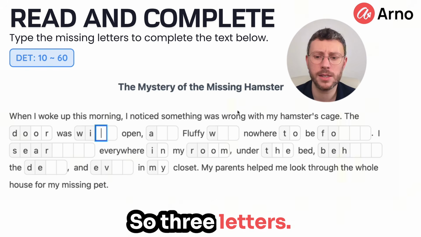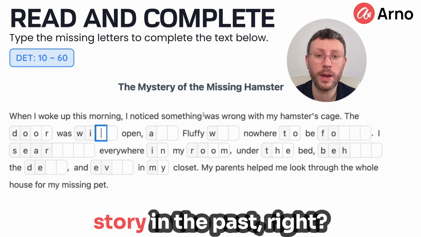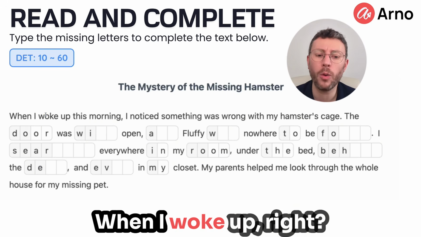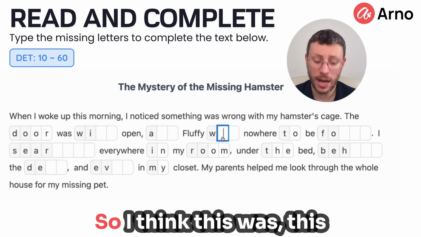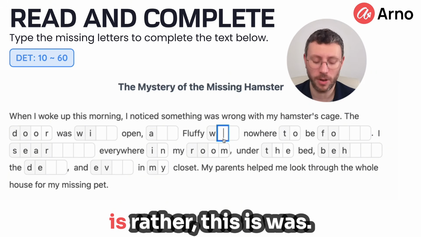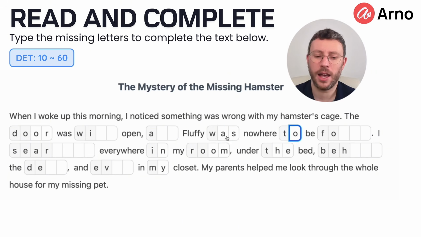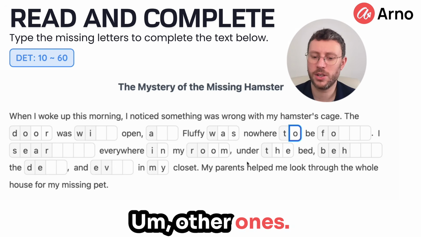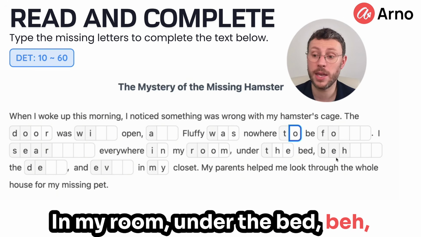So 3 letters, and we know this is a story in the past, right? When I woke up, right? Something was wrong. So I think this is was.